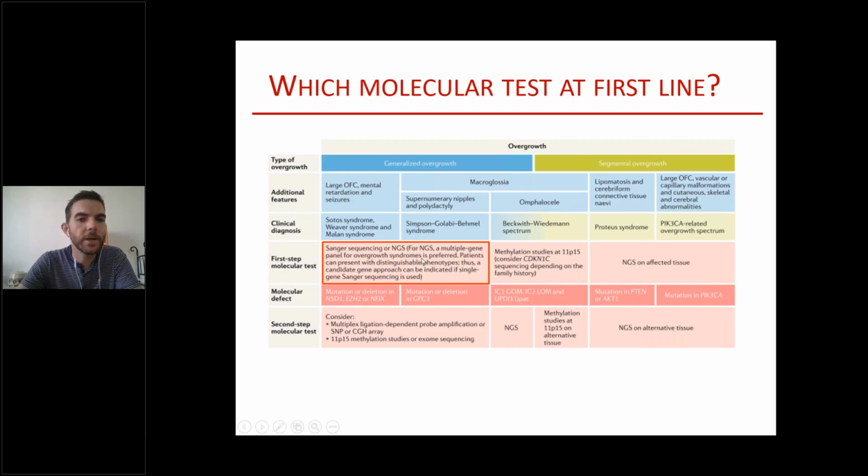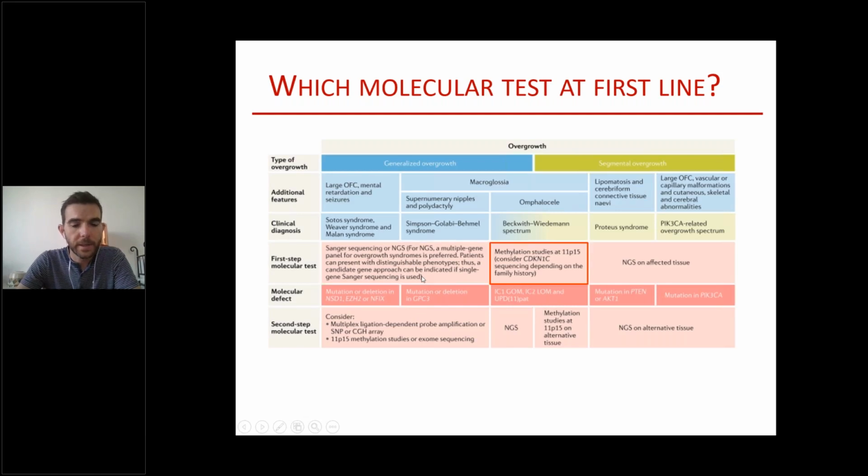Nowadays, most of the molecular labs perform molecular sequencing based on next generation sequencing strategies, which are called panels of genes.